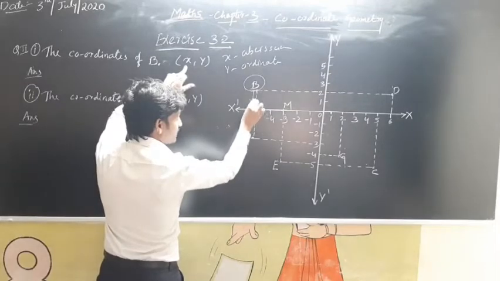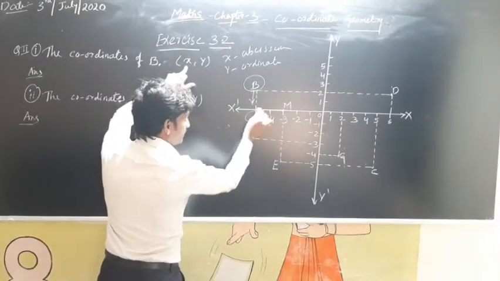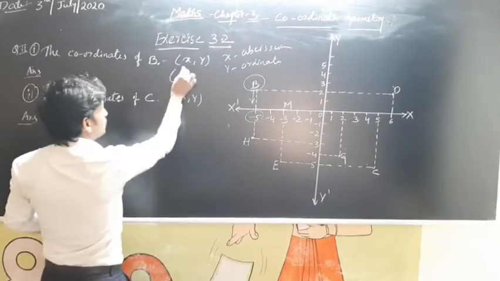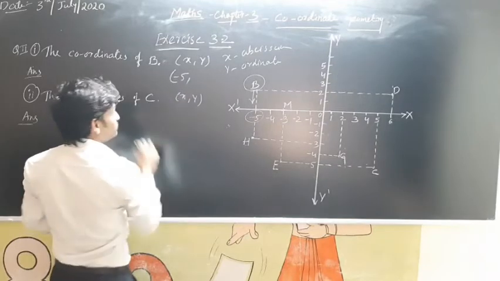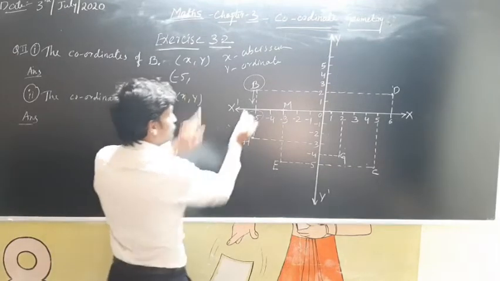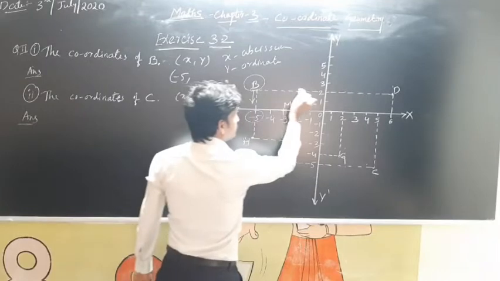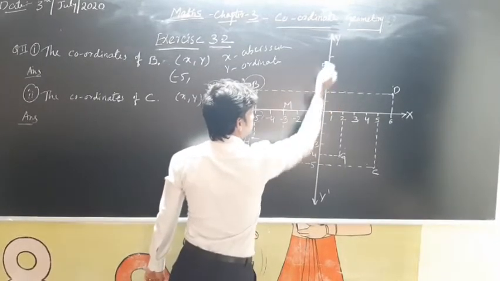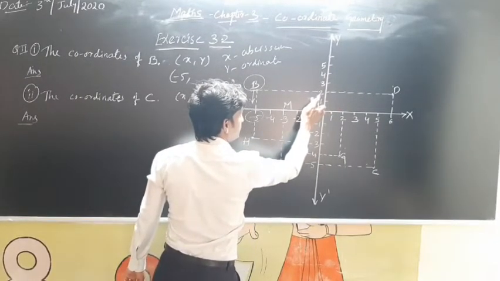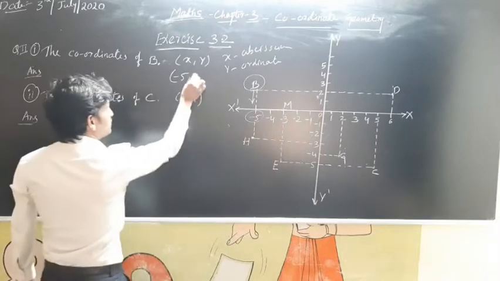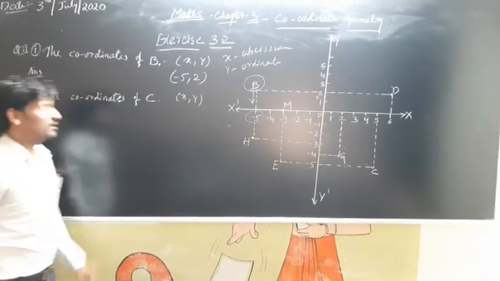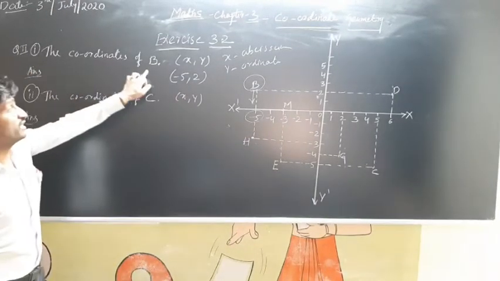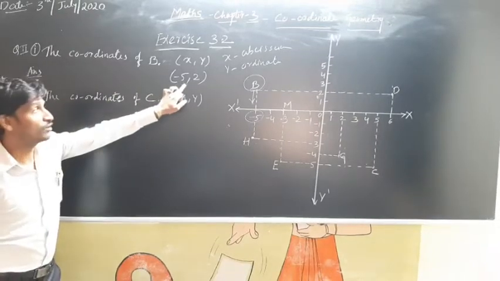This goes towards x and it meets at -5. So the answer for this one is -5, and we have to go for the y value. From here, it goes and touches the y-axis, that is the positive side, and the value of y is +2. So -5, 2 is the answer. So the coordinate of B is -5, 2.